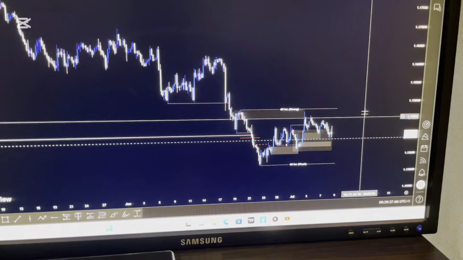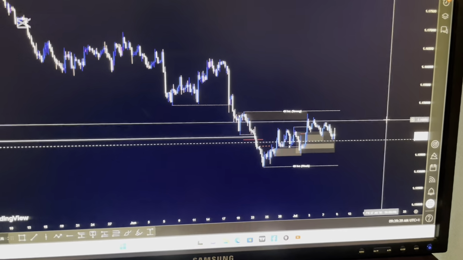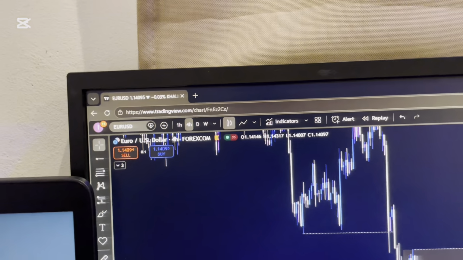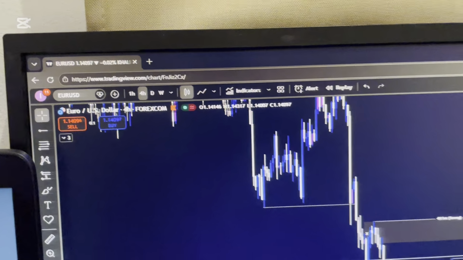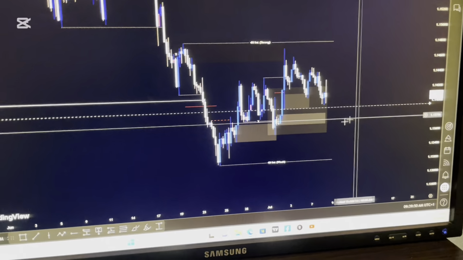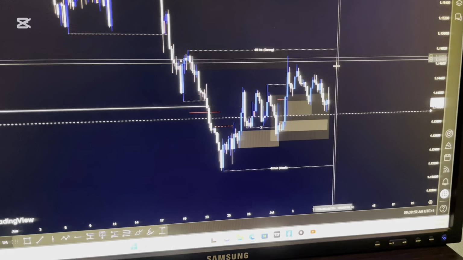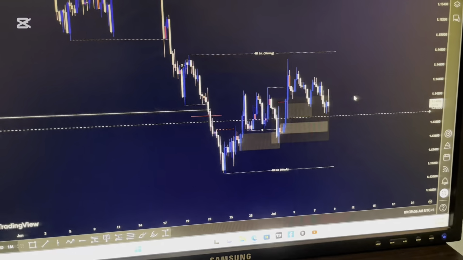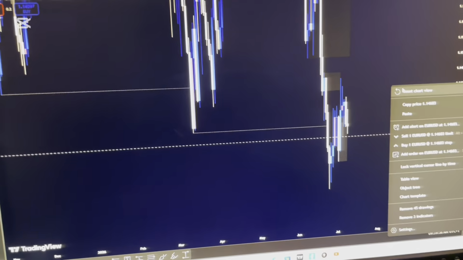Let me show you guys the pairs I'm watching. So guys, here is my system, right? I hope you can see my TradingView very clear. This is EURUSD on the 4-hour time frame, and I am watching to see if I can get a long trade to the upside because of this corrective price action here and everything that's happening with market structure.